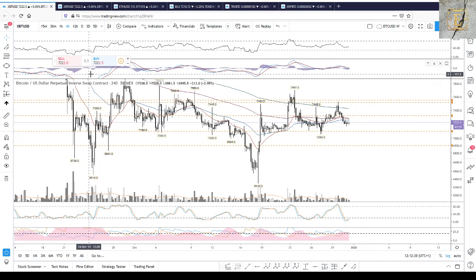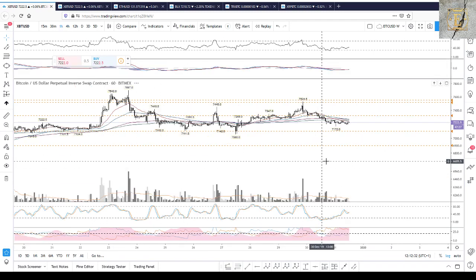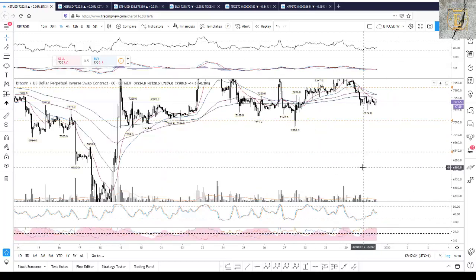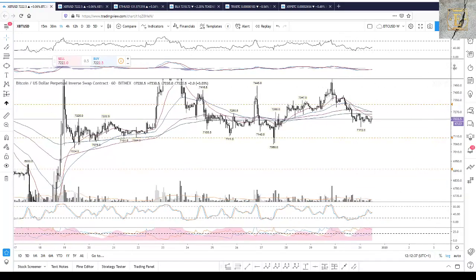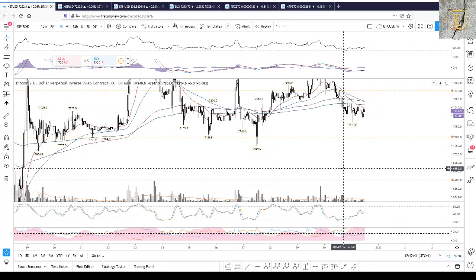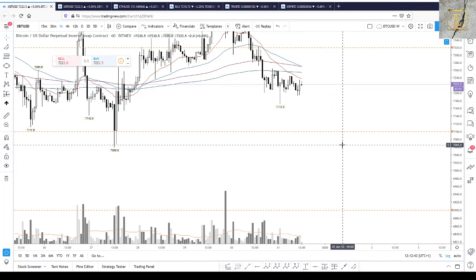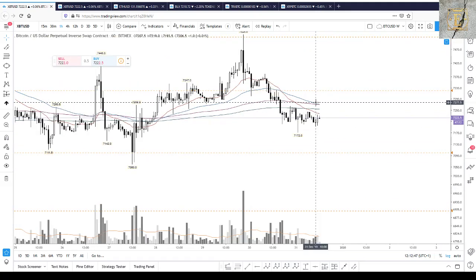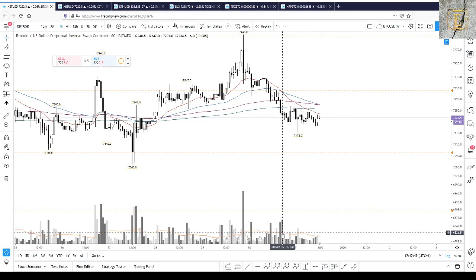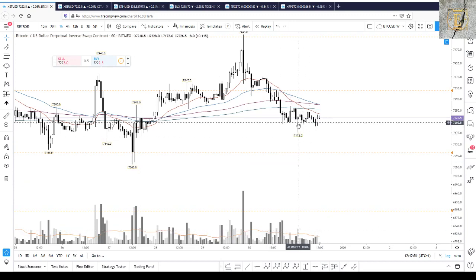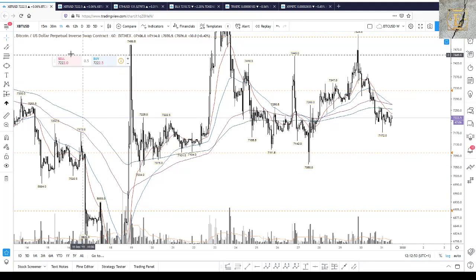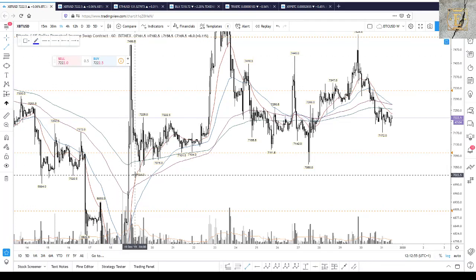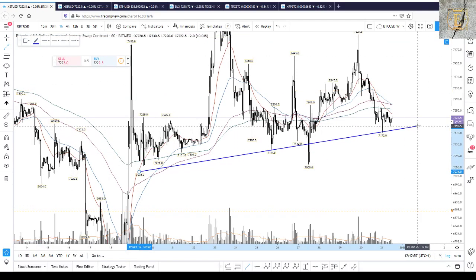Okay, and then 1 hour, and I think I want to end here and answer your questions. 1 hour price action: bear, also bear, no response by bulls. Good candle here. This candle was because of this trend line.